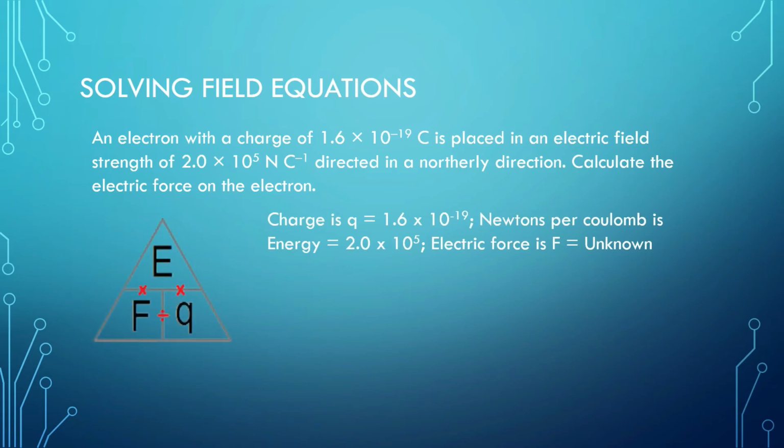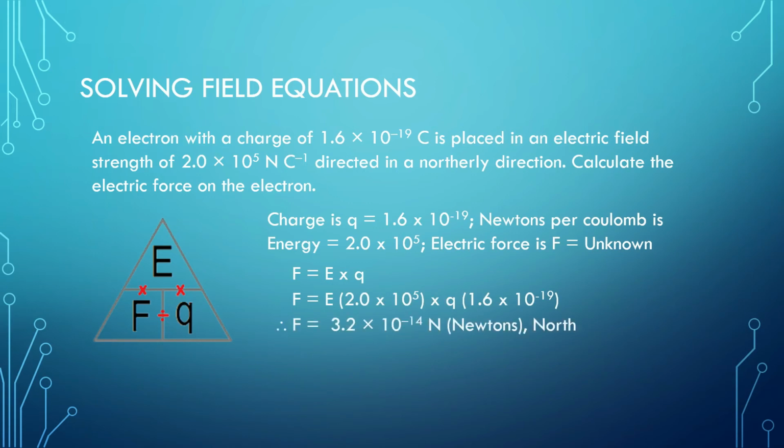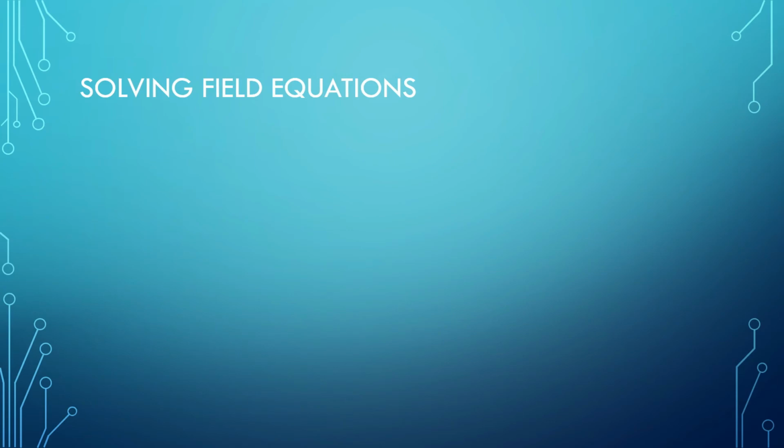In this instance, we have charge and field strength. To shuffle the formula as required, we find that F equals E times Q. We sub in our original values, and then we calculate to find that F equals 3.2 times 10 to the power of negative 14 newtons in a northerly direction.